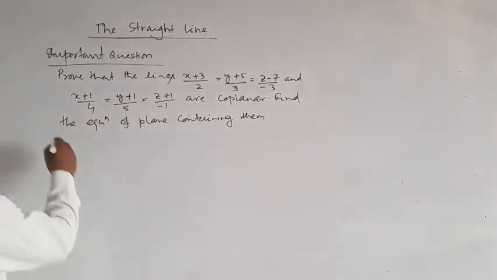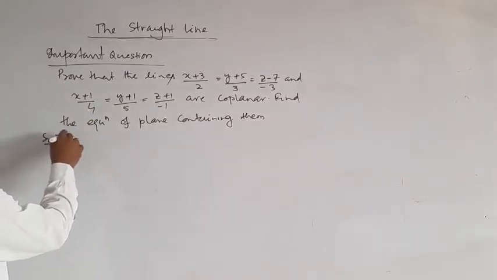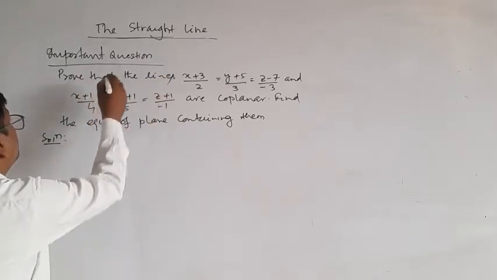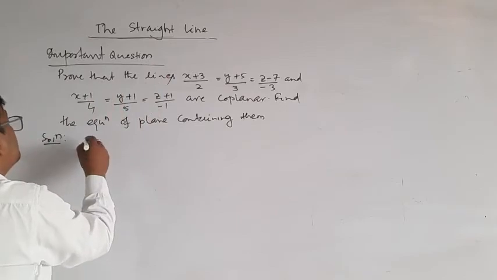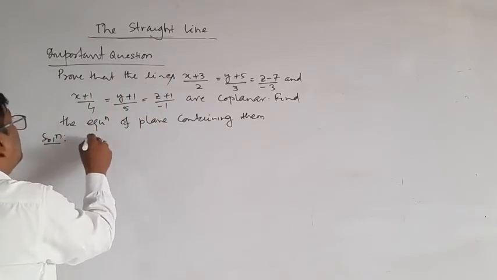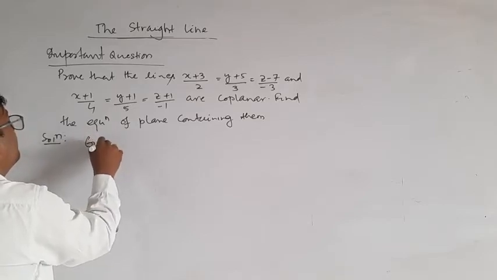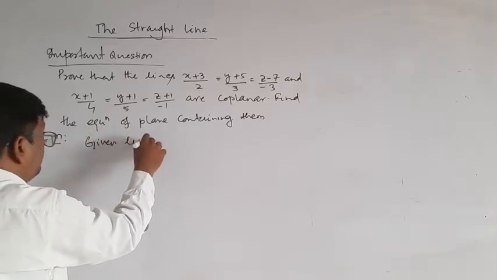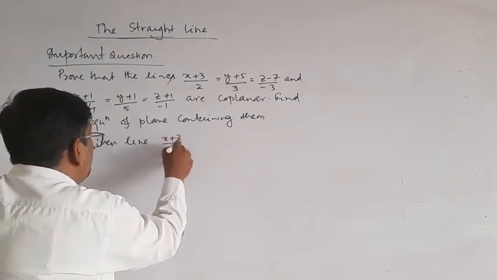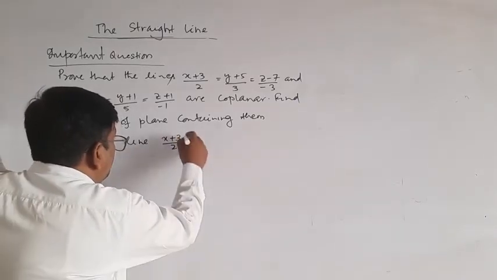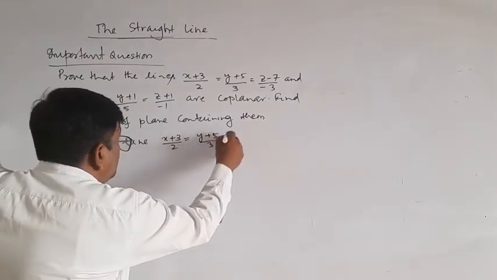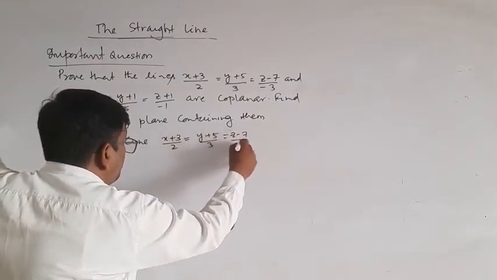Solution: given line, (x plus 3) by 2 is equal to (y plus 5) by 3 is equal to (z minus 7) by minus 3.